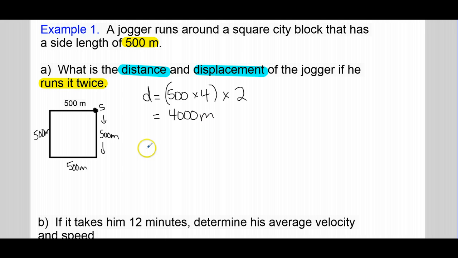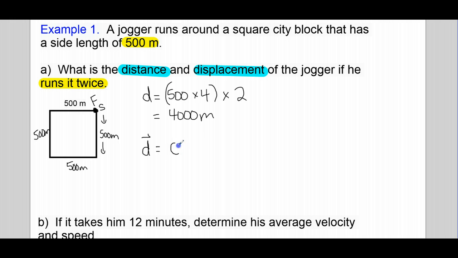Okay. Displacement, on the other hand, is still a lowercase d, but it's a vector quantity, so we put the arrow on top. And if by definition our displacement is where did we finish in relation to where we started? Well, if we're going around a city block twice and making 2 complete loops, we are actually, I use this S to represent my start and F for finish, we're finishing in the exact same spot as we started.